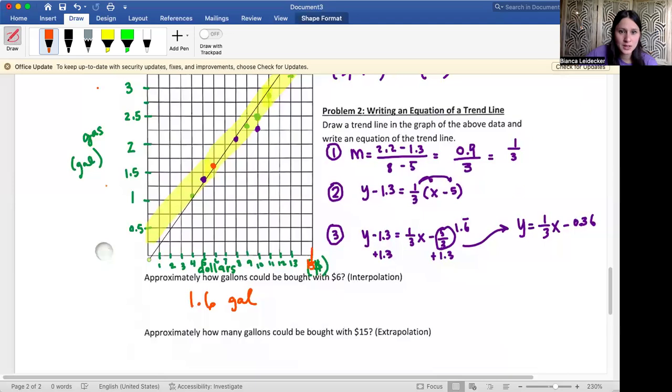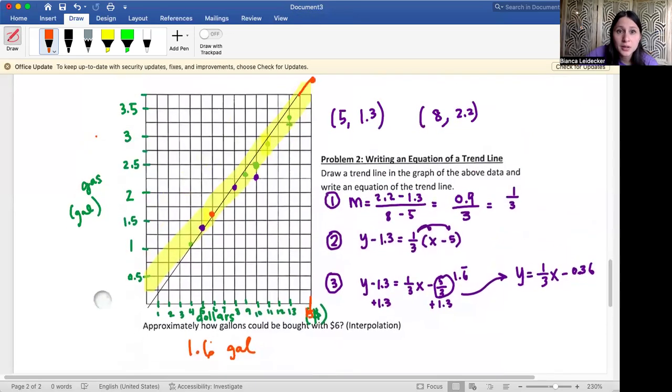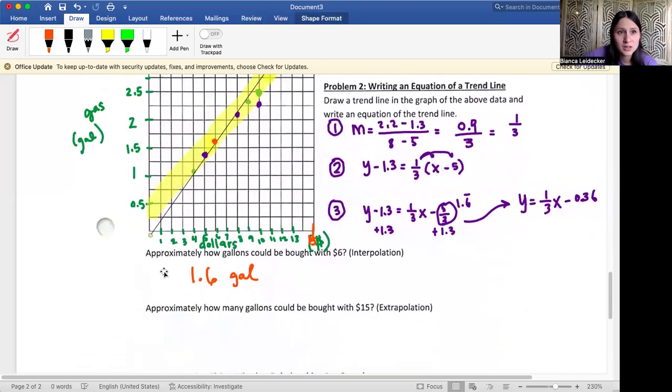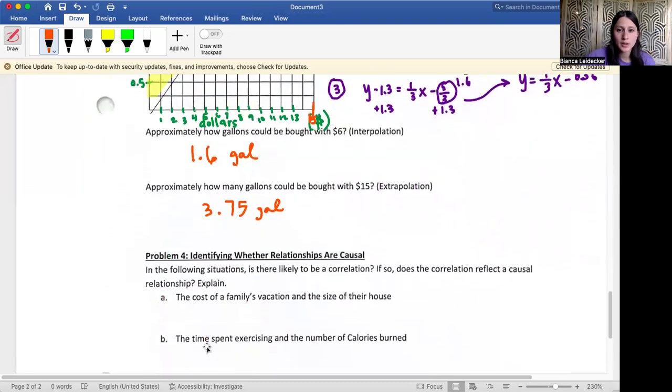So I'm just going to guesstimate about 3.75 gallons maybe with $15. So roughly, it's all guesstimation.